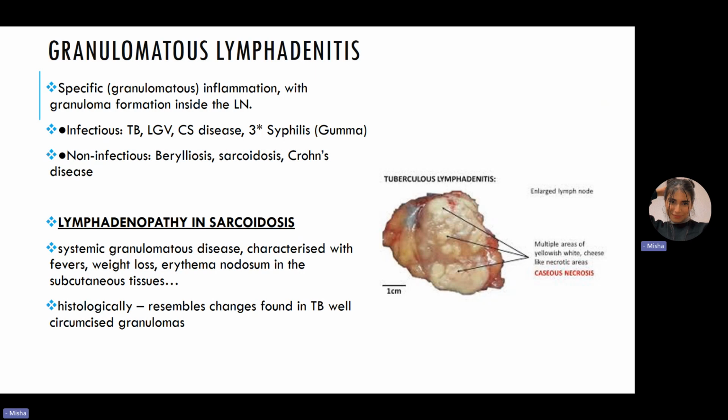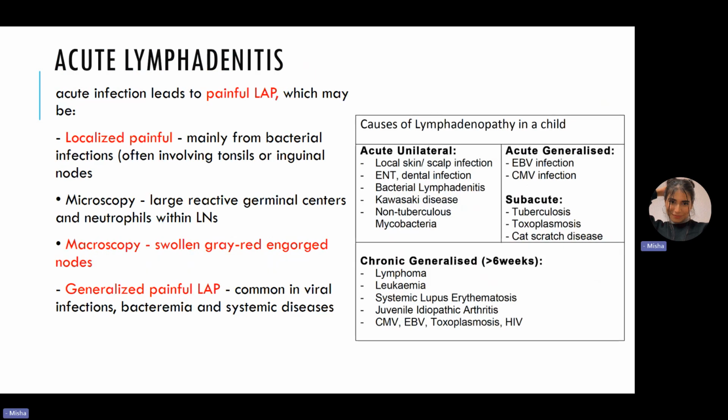So these are some of the examples that you can mention when talking about granulomatous lymphadenitis. But basically, when you're talking about granulomatous lymphadenopathy, just remember that here we have the formation of granulomas, okay? Great.